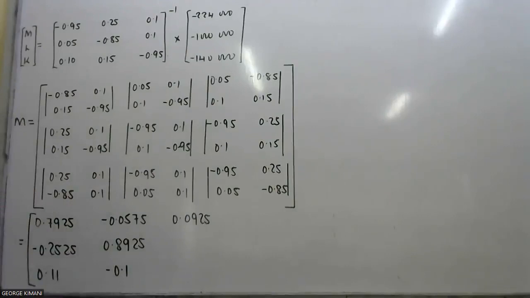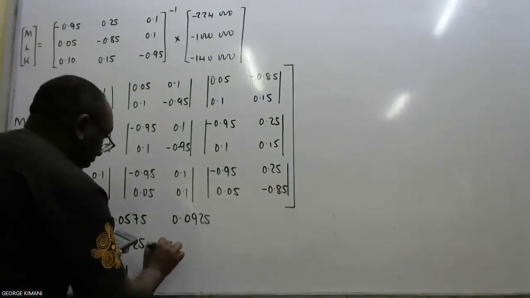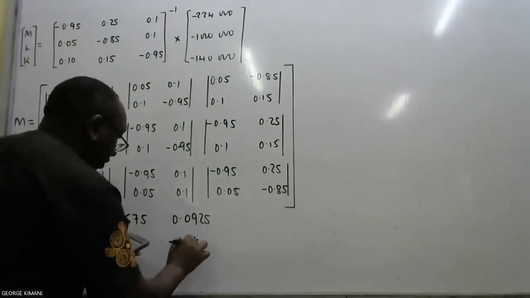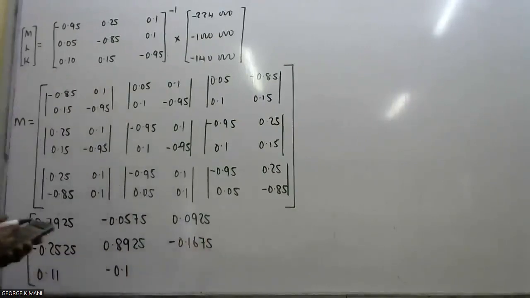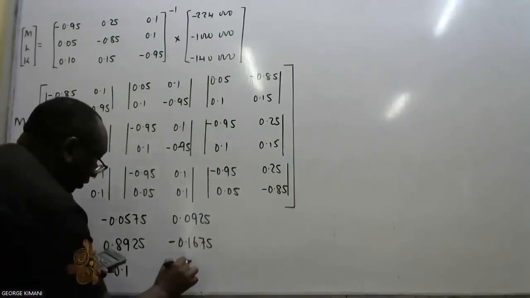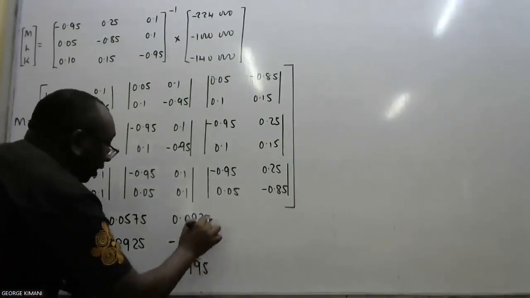Minus 0.95 times 0.15 minus 0.1 times 0.25, getting negative 0.1675. Minus 0.95 times minus 0.85 minus 0.05 times 0.25, 0.975.